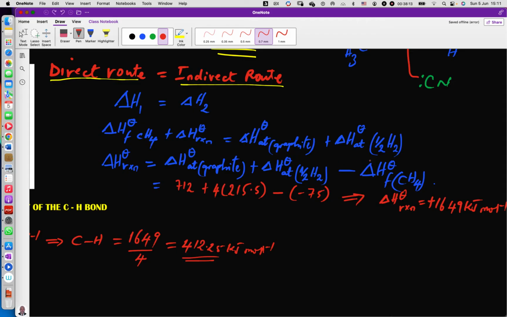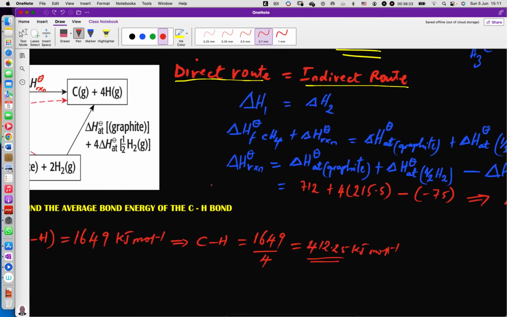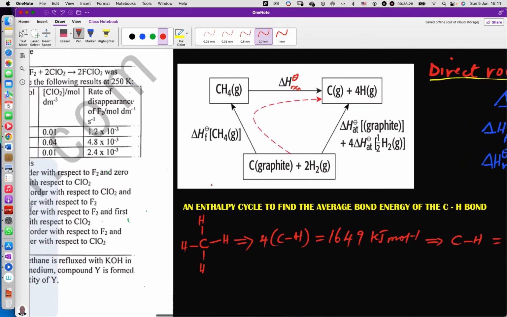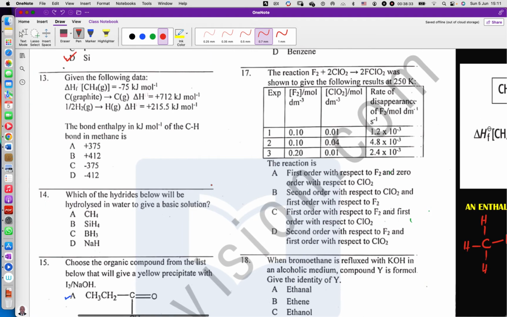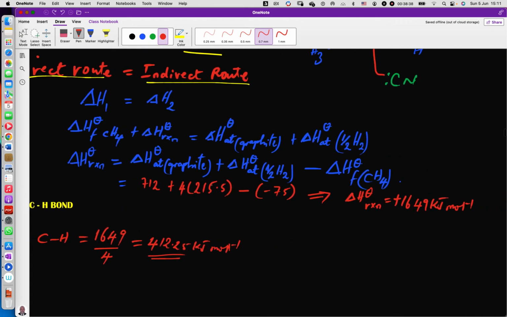When we substitute our values, the value for methane was minus 75, and the enthalpy of reaction will be plus 1649 kilojoule per mole.